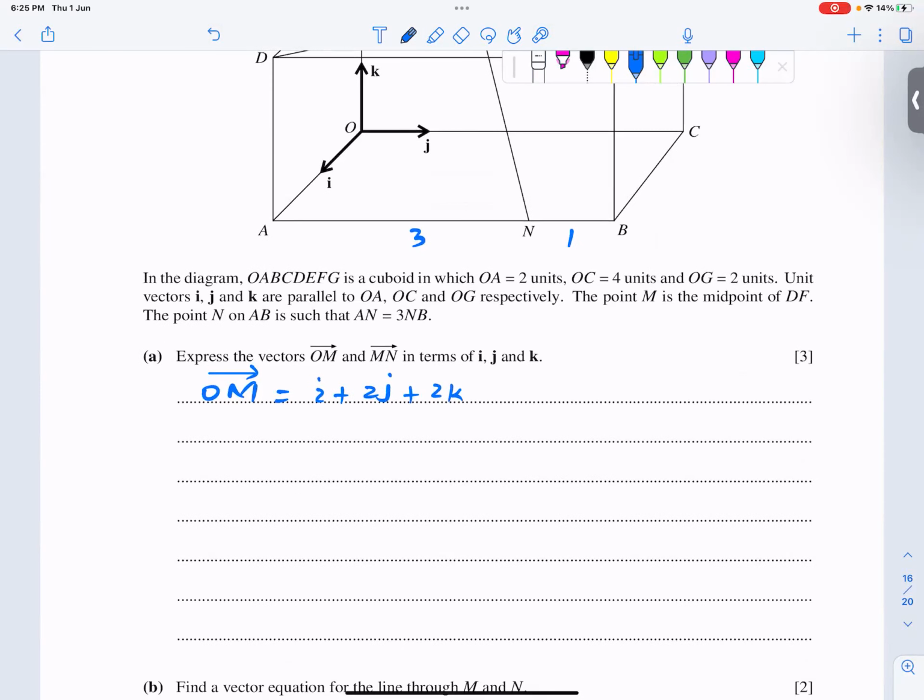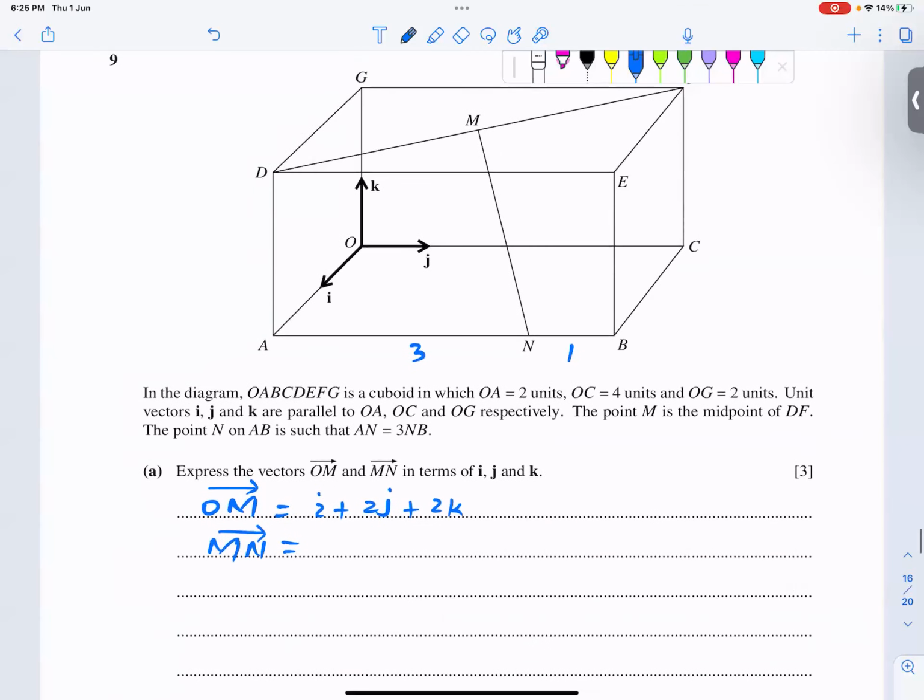And then we need MN. To write MN, we will go through MO plus OA plus AN. Okay. So MO, and we have OM from the previous part, so MO will be just the opposite sign of OM. So this will be minus i minus 2j minus 2k plus OA.